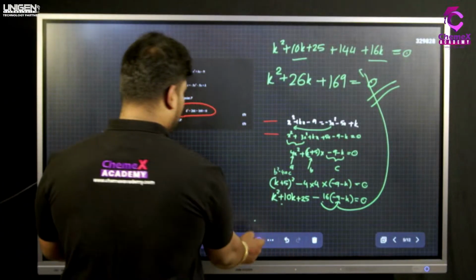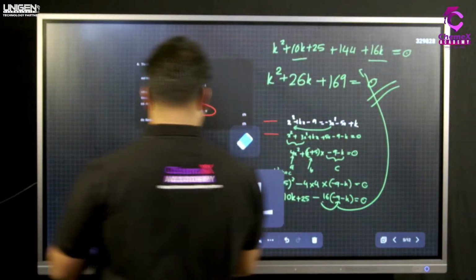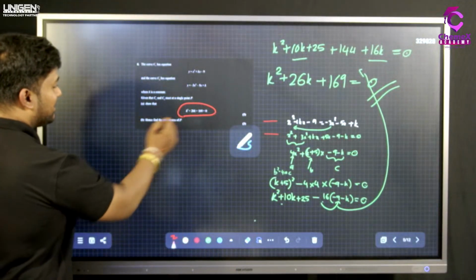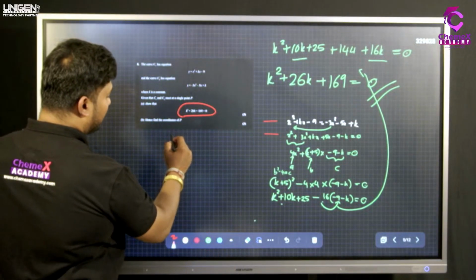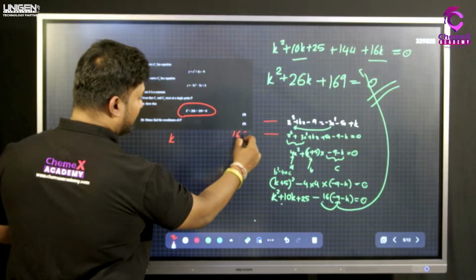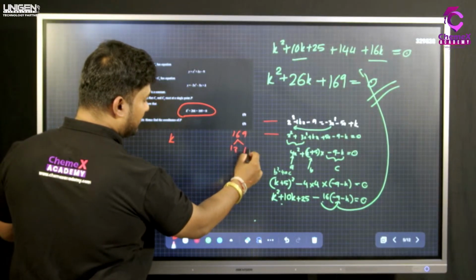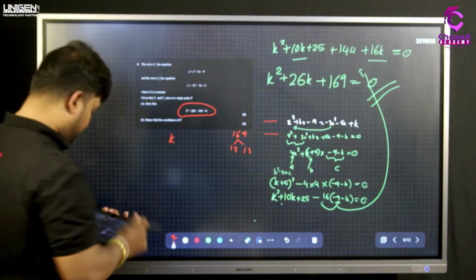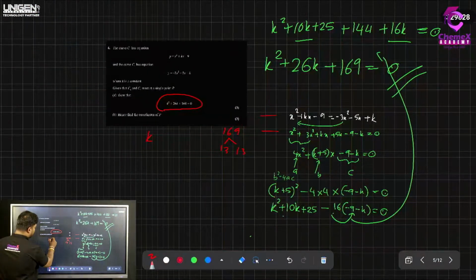Okay, I'll try explaining this part. You can just take the two factors of 169. What is it? 13 and 13.